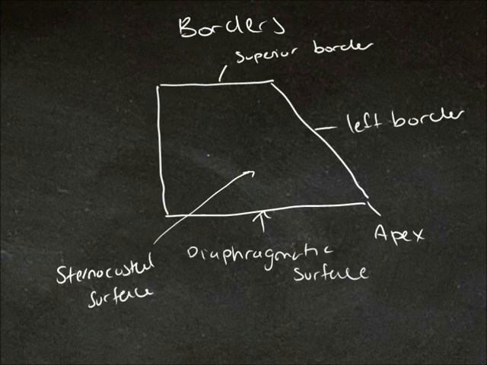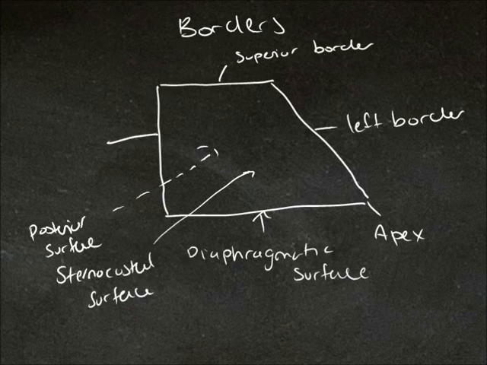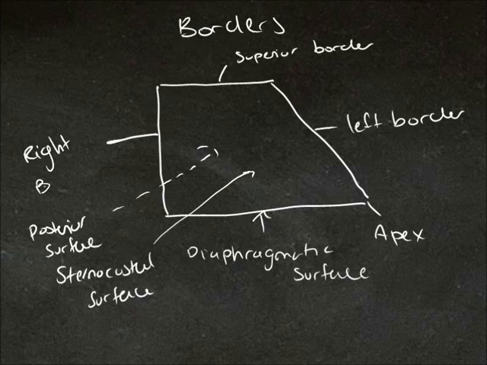On the back, which I'll draw with a dotted line, is the posterior surface. And this side here is the right border.